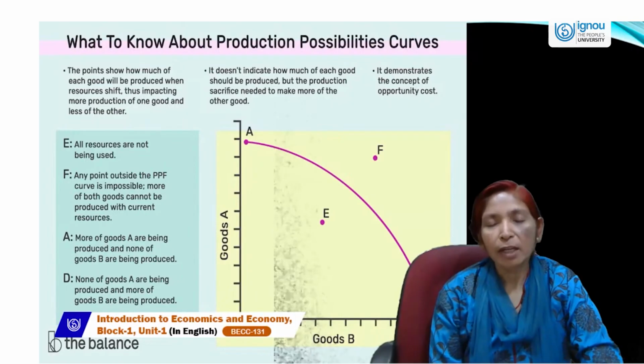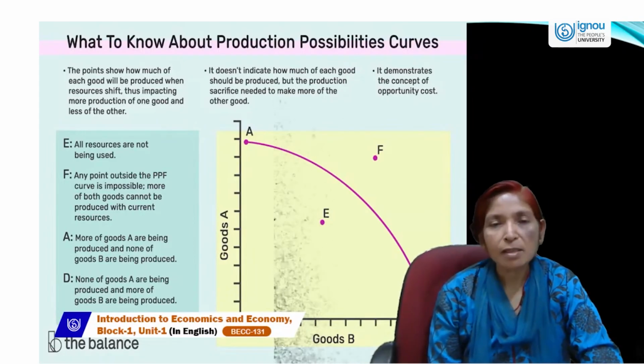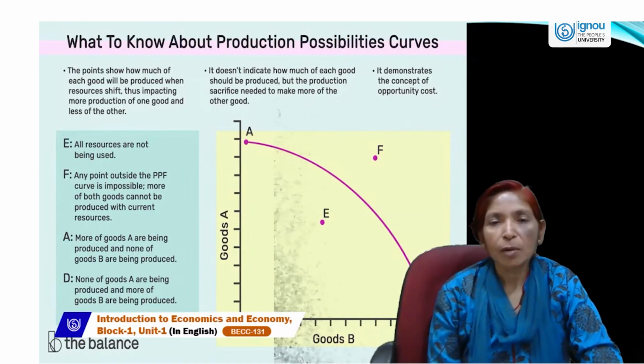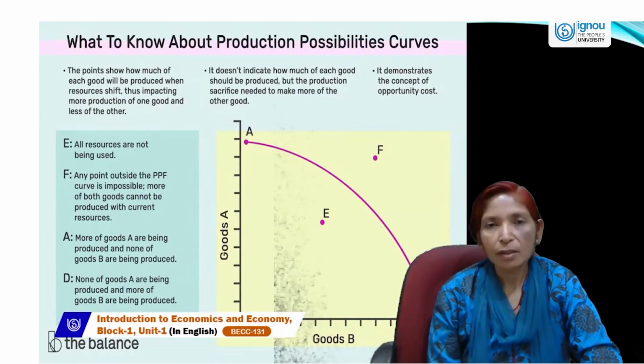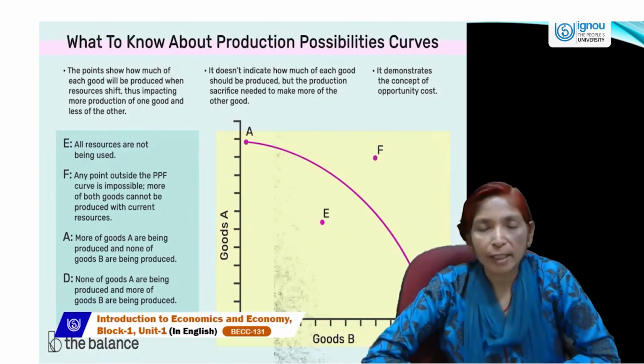If we take the ratio between these two goods, like loss of Y upon gain of X, or delta Y upon delta X, that is called marginal opportunity cost. If marginal opportunity cost is increasing, like 1 raised to 1, 2 raised to 1, 3 raised to 1, 4 raised to 1, 5 raised to 1, this is a ratio of increasing trend.